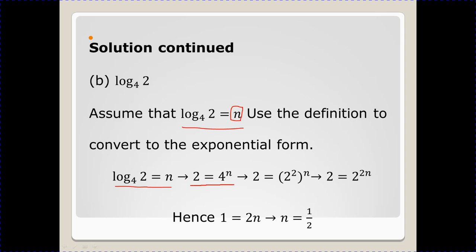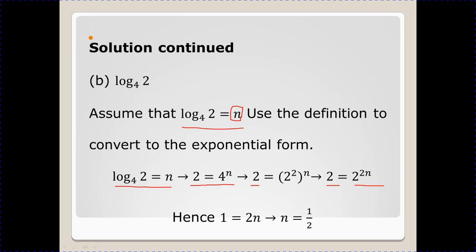Again, we'll use the same procedure. I'm going to try to make the two bases equal. I have 2 on the left hand side, and 4 can be written as 2 to the power 2. So finally 2 equals 2 to the power 2n, because we said power to the power becomes multiplication.